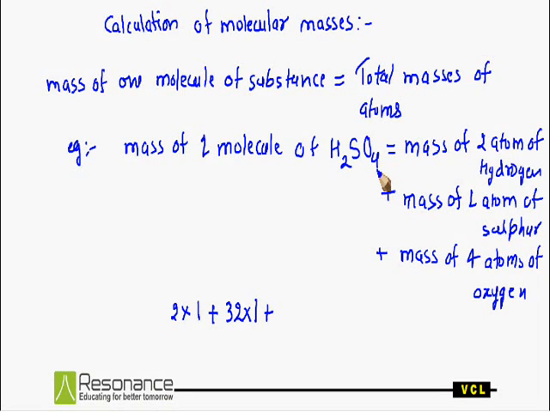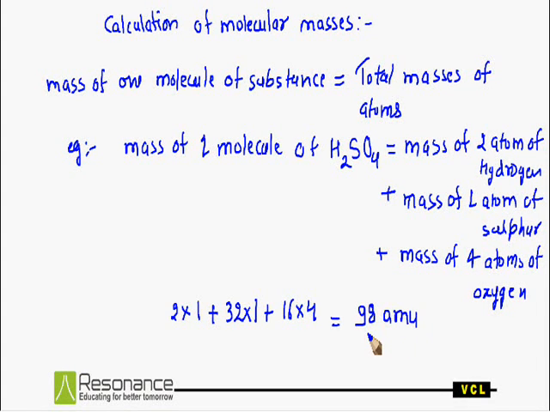Here 4 atoms of oxygen are present in the H2SO4 molecule, and the mass of 1 atom of oxygen is 16, so we can write 16 into 4, and it will be 98.